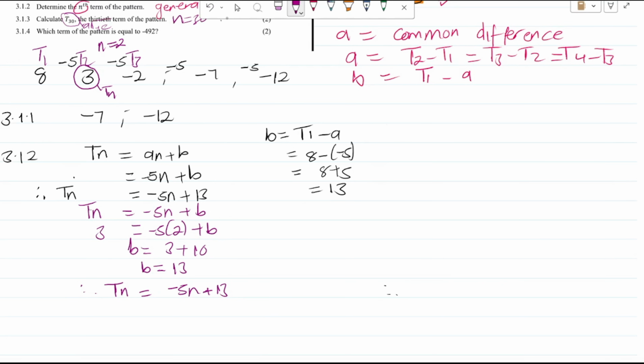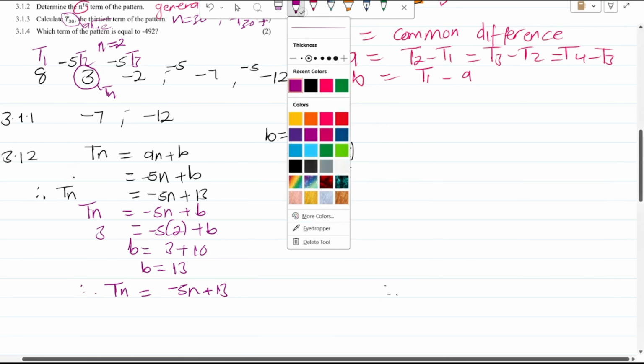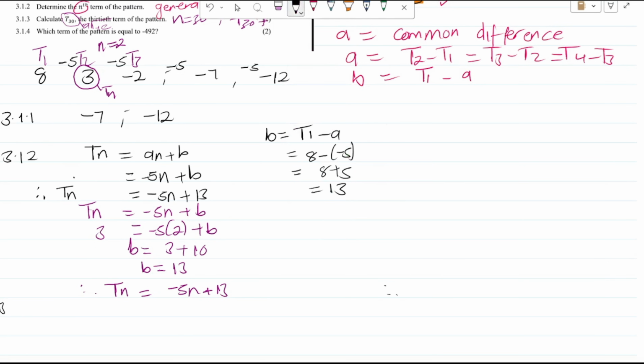What we're looking for in this question is T30. That's what we are looking for. So 3.1.3, that's T30 is equal to negative 5n plus 13.